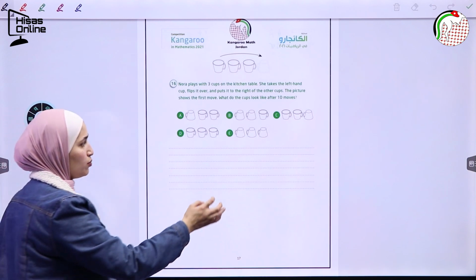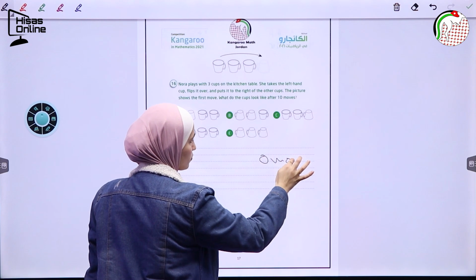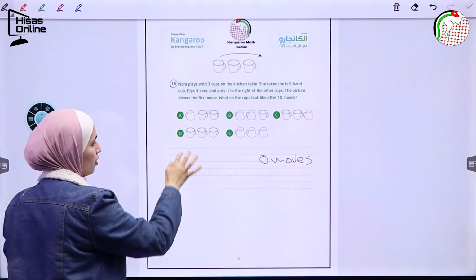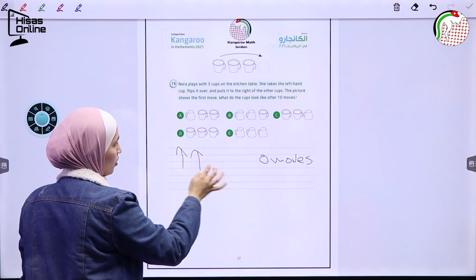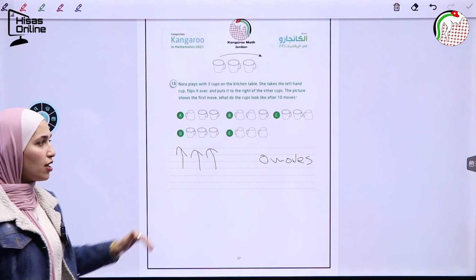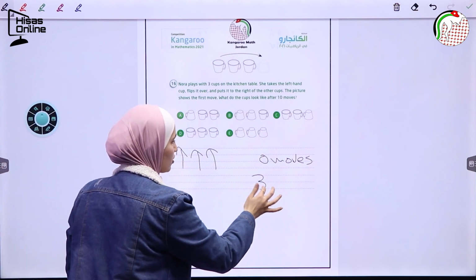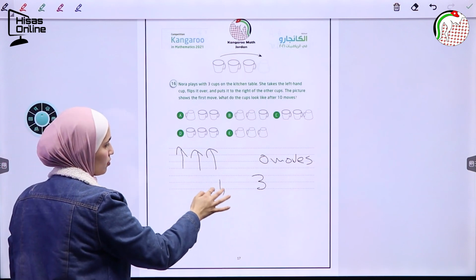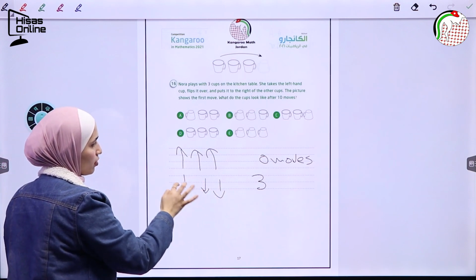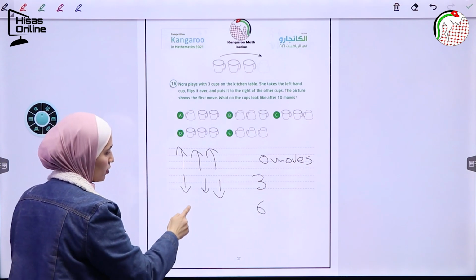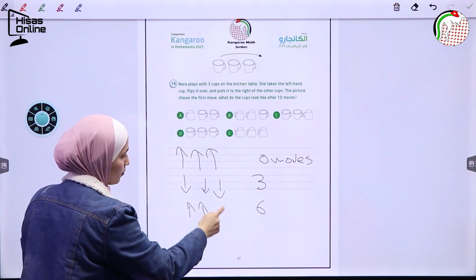So at 0 moves, no cups are flipped over. So all of them are pointing upwards. After 3 more moves, she flipped over all the cups. After 3 more moves, that means 6 moves, she returned them back.